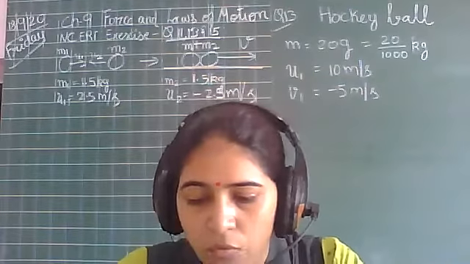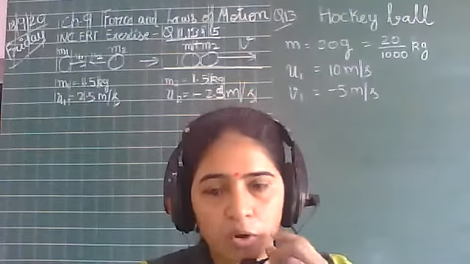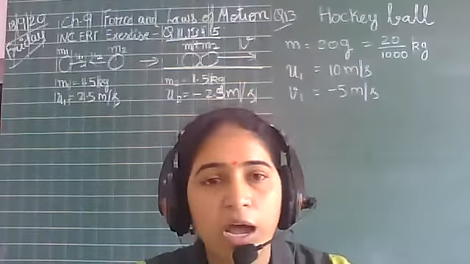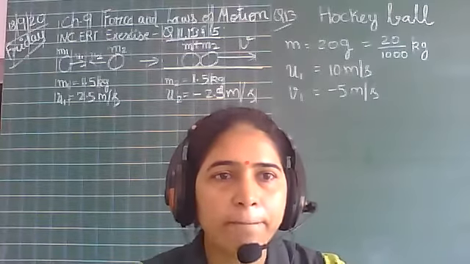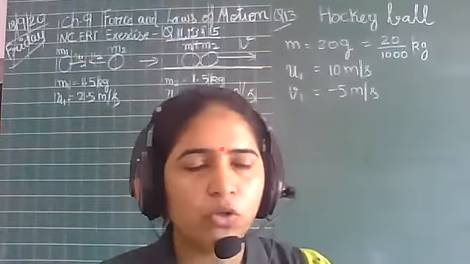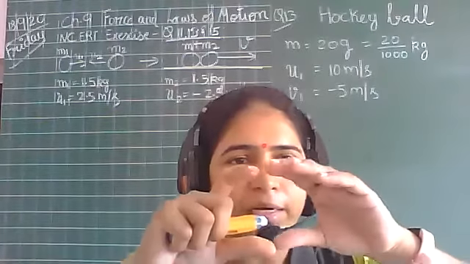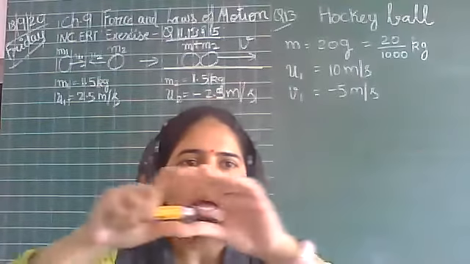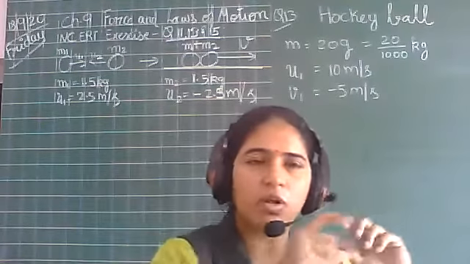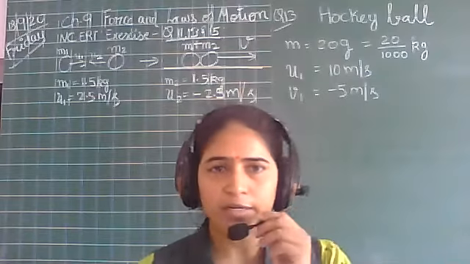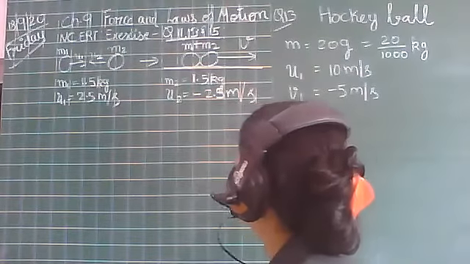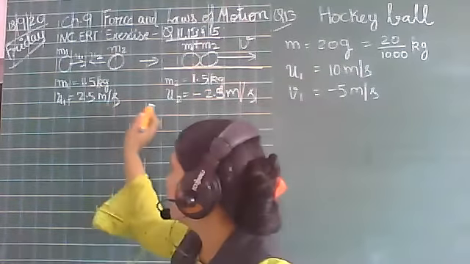What will be the velocity of the combined object after the collision? Combined object, now they both have combined, so we need to find the velocity. So as they are combined, now they will be moving together and they are going to move with same velocity, with equal velocity, right? So final velocity we can write, this is for object 1, this is for object 2.